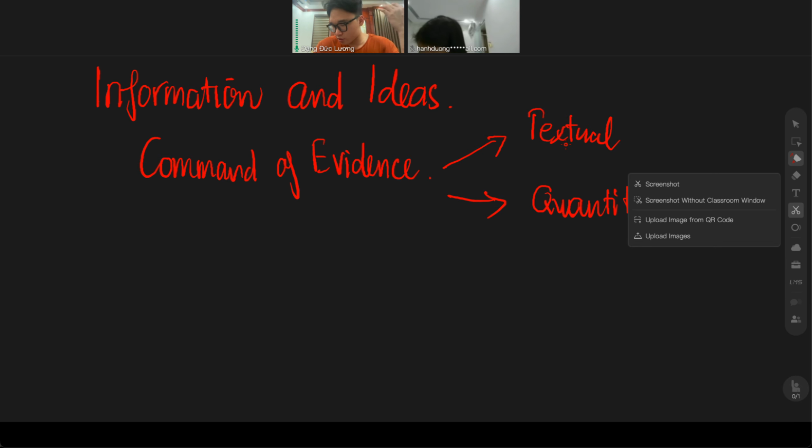In the textual question, you will need to analyze the hypothesis given, and on the other hand, the quantitative question requires you to read the table, to analyze the numbers in the table.